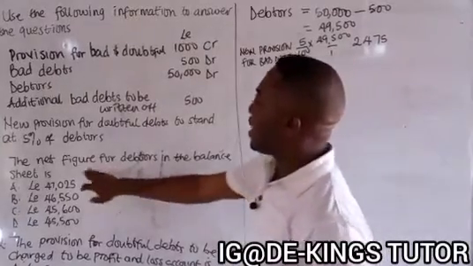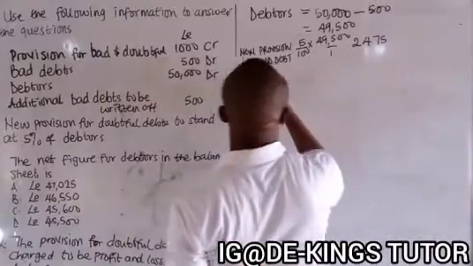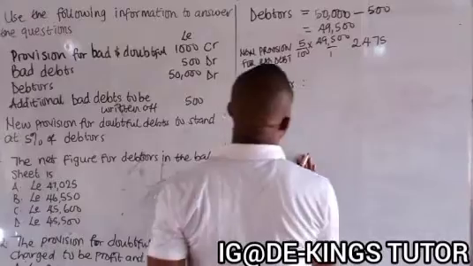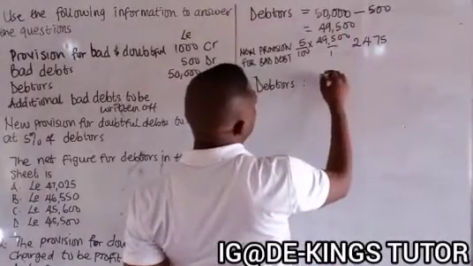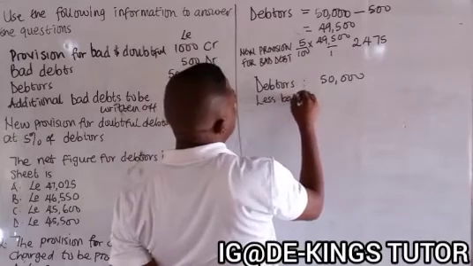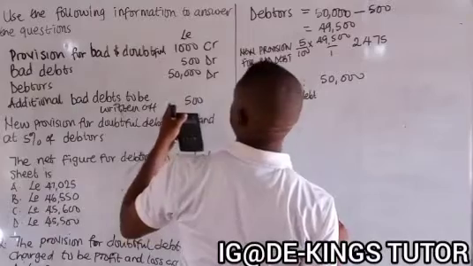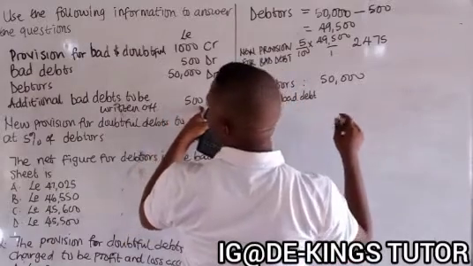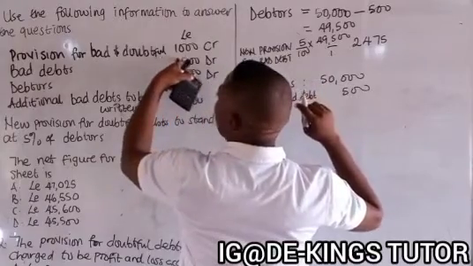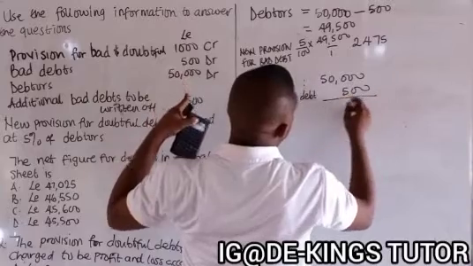Now remember, they said the net figure for debtors in the balance sheet. So in the balance sheet, look at how the debtors figure will appear. It will be debtors 50,000 less bad debt, that is this 500, because this one cannot appear. This can only appear in the profit or loss account. It cannot appear in the balance sheet again.